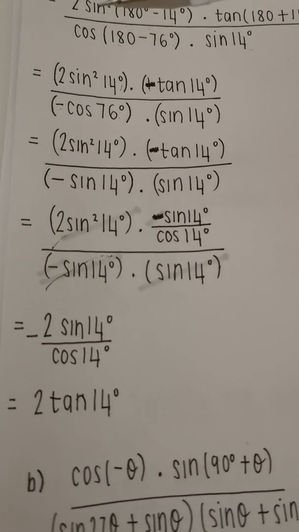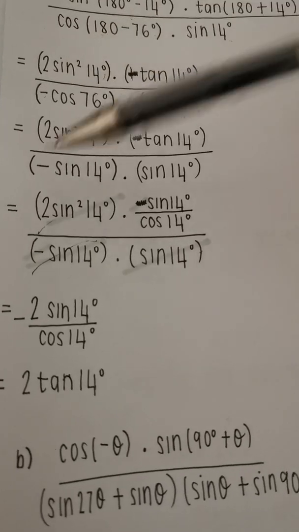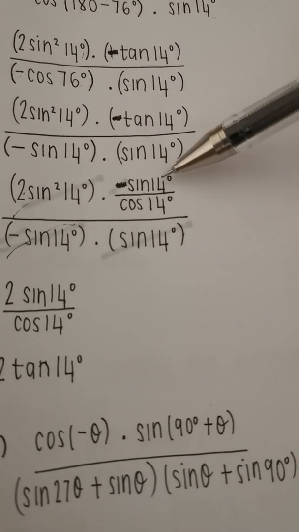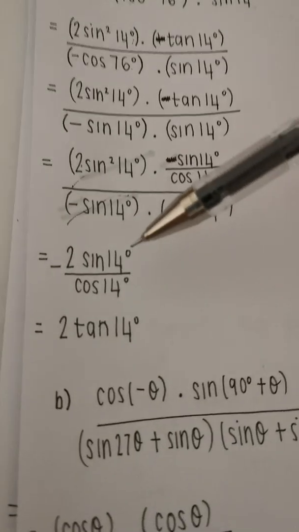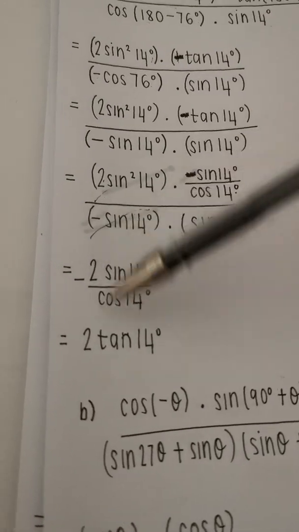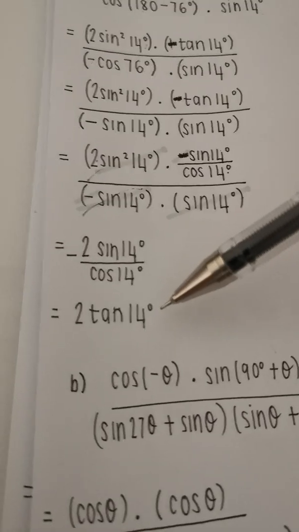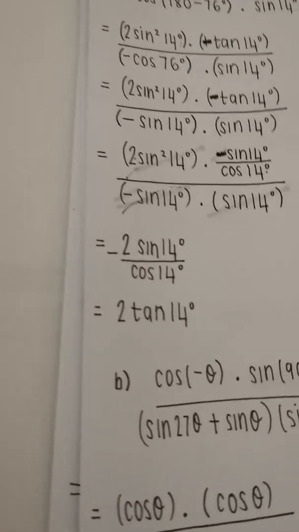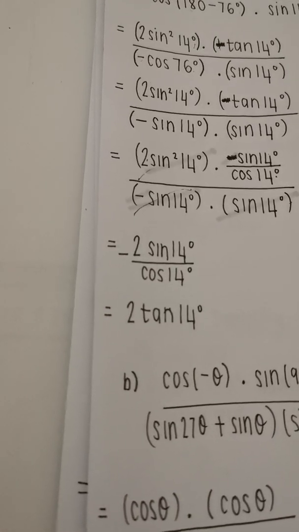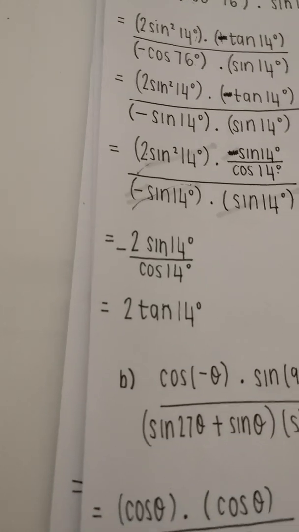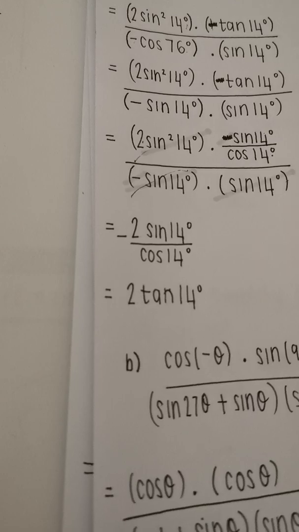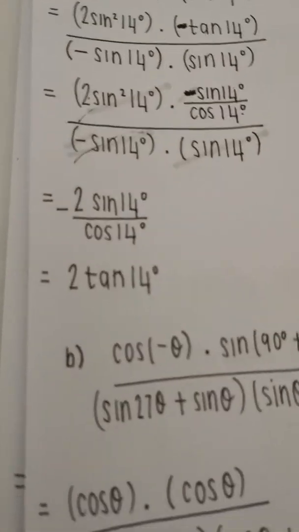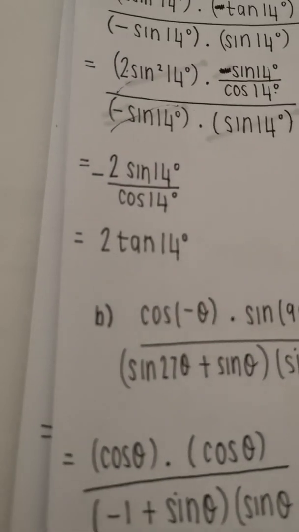But what we are left with is a 2, a sine 14, and the cos 14. And then I realized, oh, okay, it didn't need to cancel with anything, so it's back at the 2 tan 14 degrees. Sometimes when you open things out, you're like, oops, I didn't need to open them up. No one's going to penalize you for opening it up like this and putting it back into the identity of tan 14. No one's going to penalize you for that.